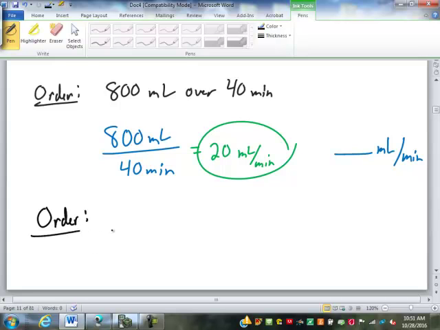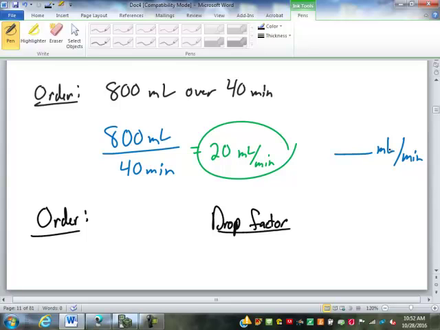Well, the next level would be to add a drop factor. What a drop factor is, it's describing the thickness or the viscosity of the fluid. And it is saying literally how many drops of that fluid it takes to make 1 milliliter of liquid.